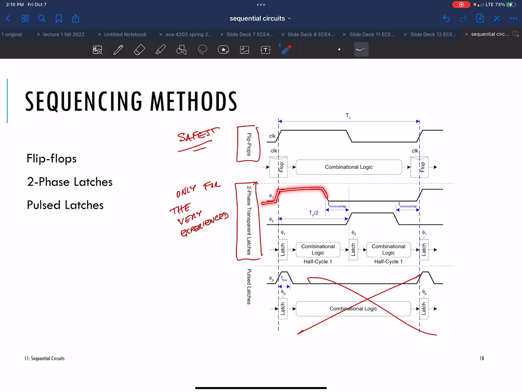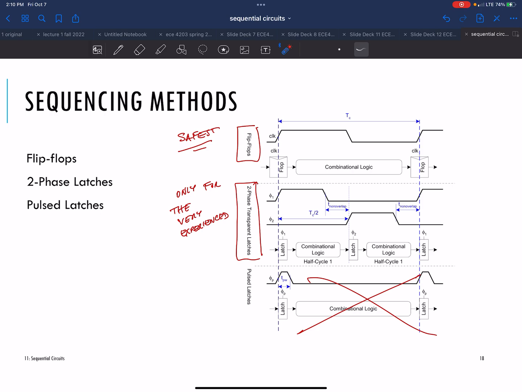So during this phase, whatever's happening on this input during this entire phase goes to this combinational logic. It goes through, makes its way to the second latch. Whatever is good here, when the second latch goes on, gets passed on to this guy and so on. Okay? You guys good with that?